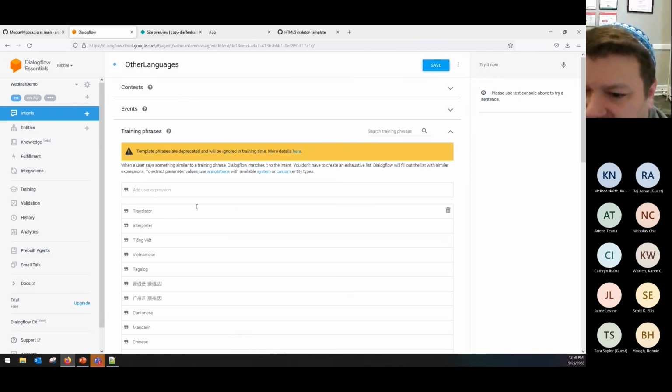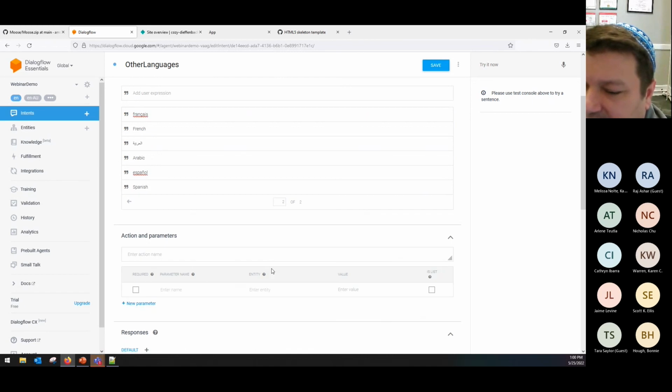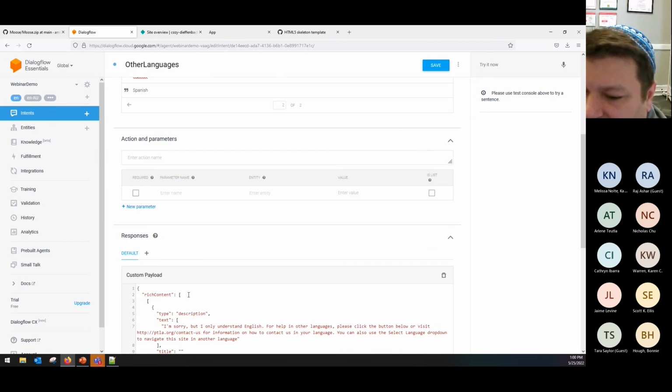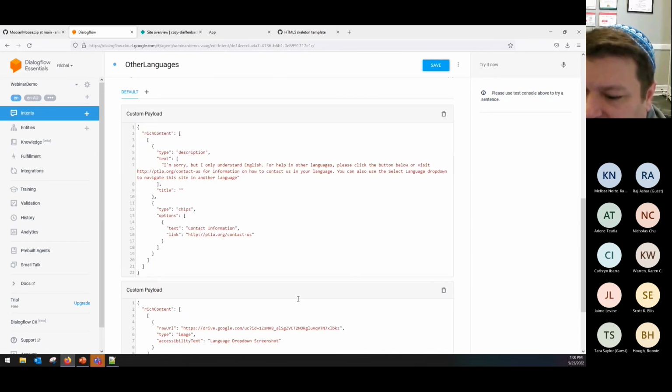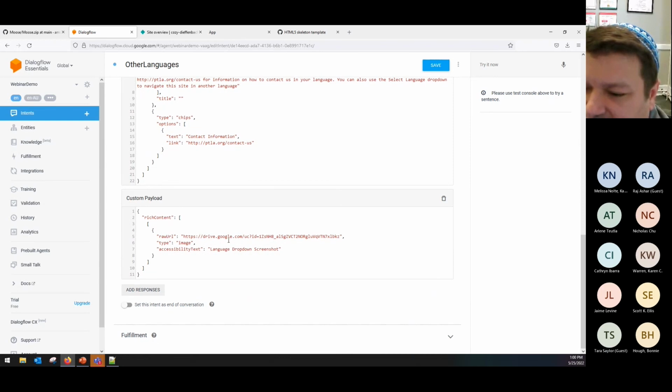I have an intent which is meant to identify if somebody is trying to access the site in another language. It's picking up on names of other languages, and it responds with basically a sorry, here's how to translate this site, and also a screenshot showing where to click to get the website in another language.